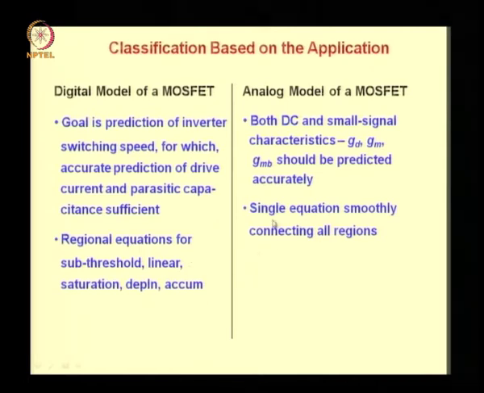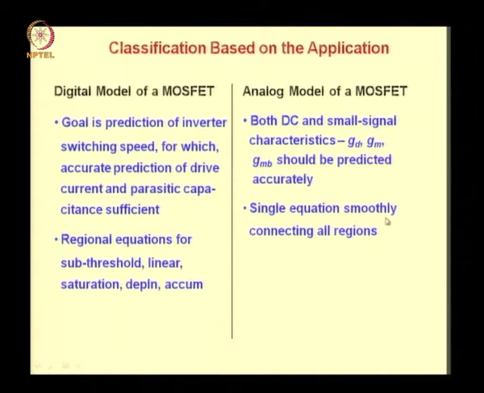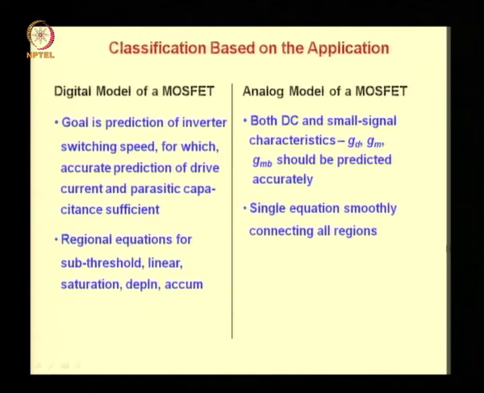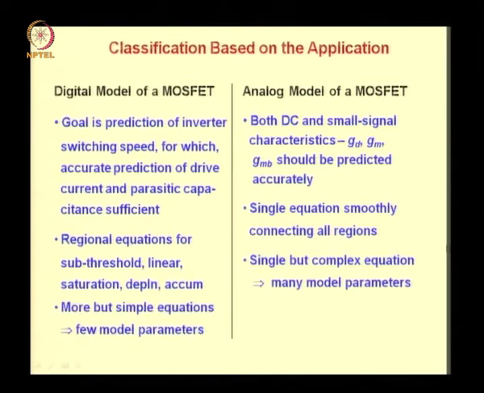Whereas in analog MOSFET you need a single equation which smoothly connects all regions, because the conductances, which depend on the derivative of the current voltage curve, are to be predicted accurately.